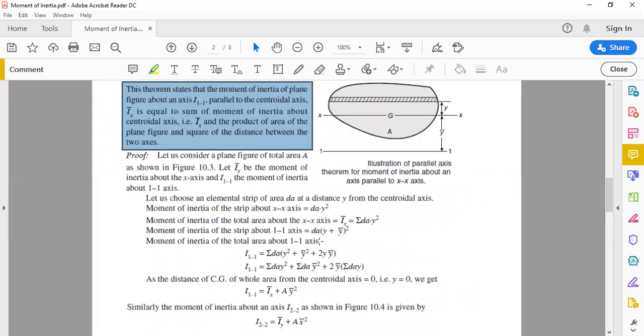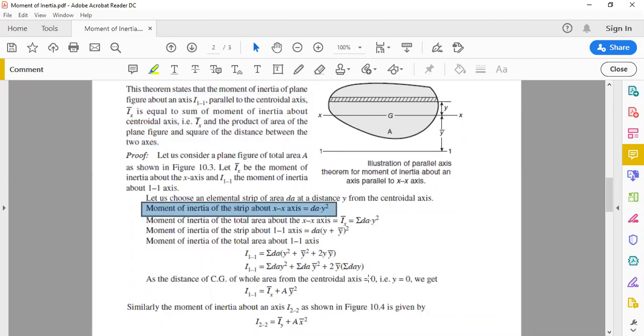Now, when we are supposed to prove it, we are going to consider a small elemental strip which is at a distance y from x-axis. Now, first let us calculate the moment of inertia of this strip about the x-axis xx.